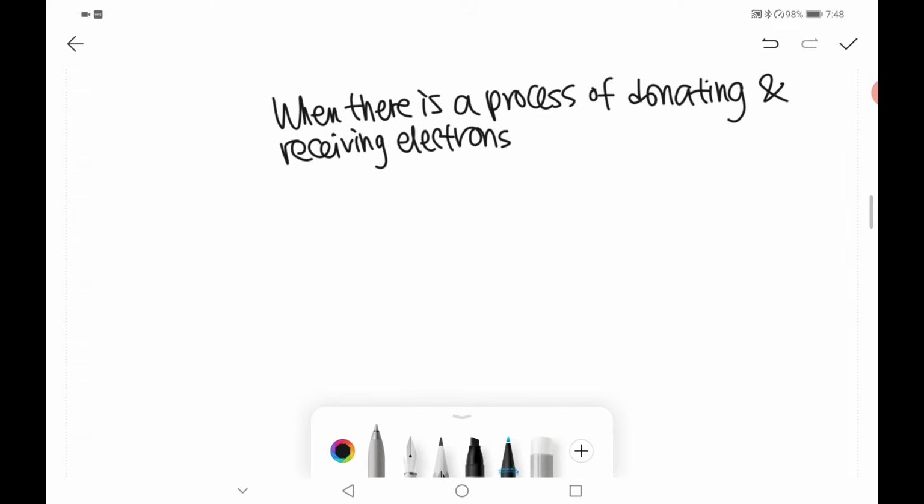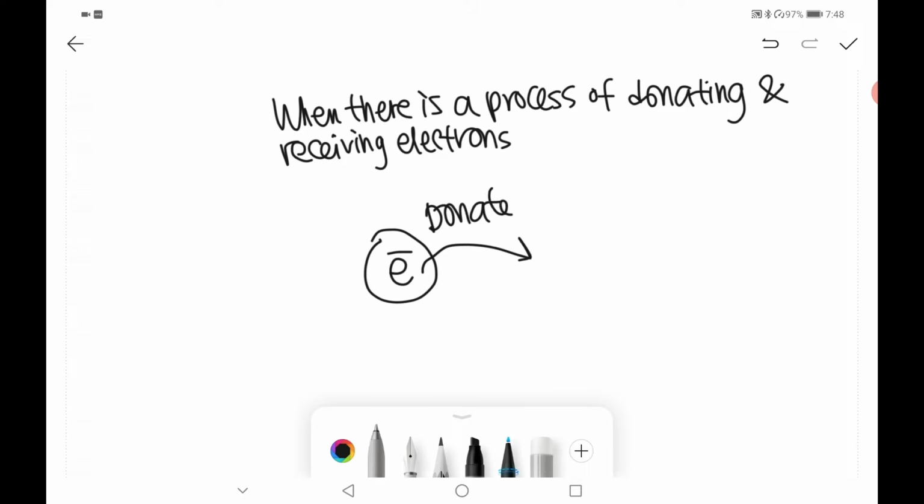So when constantly somebody donates and somebody receives the electron, what happens is that the electron is moving.